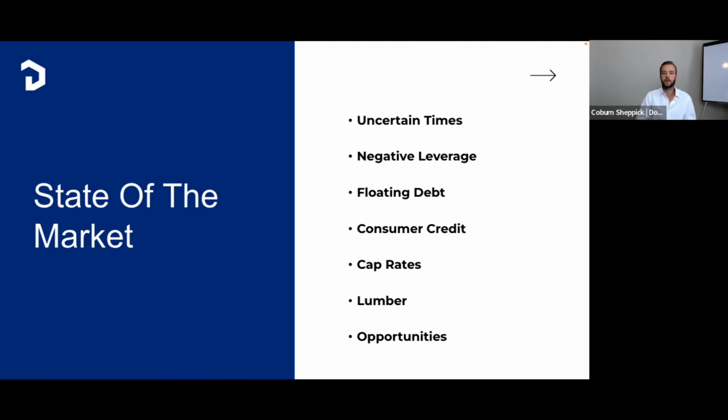And so that's kind of the risk that happens with negative leverage, which we're seeing right now. So take the example of some of the operators that have purchased multifamily within the last 18 months or so, where cap rates have been compressed down to the 3s, and now rates have shot up.